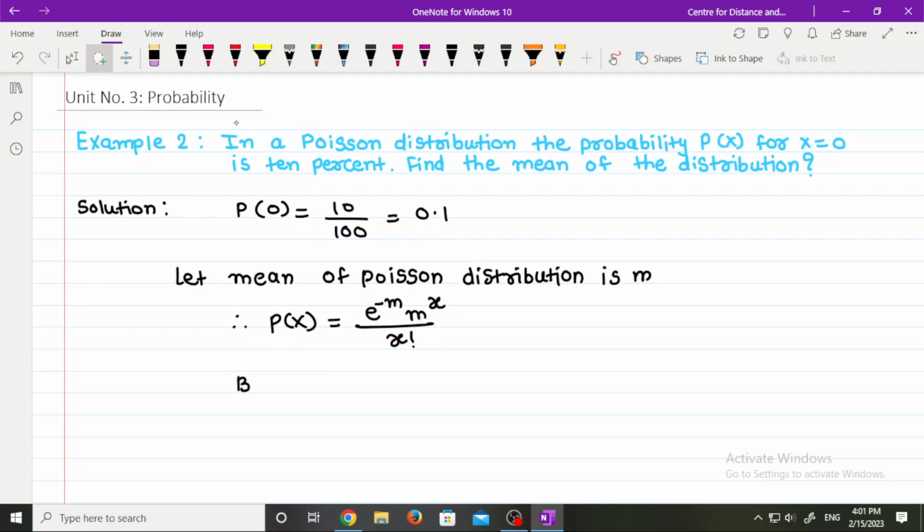Then for x equal to 0, we get P(0) equals e raised to minus m, m raised to 0 divided by 0 factorial, which is equal to 0.1.